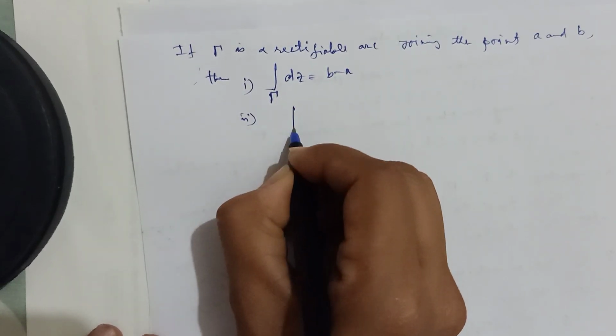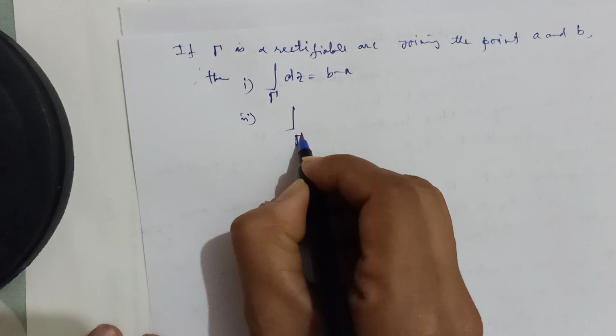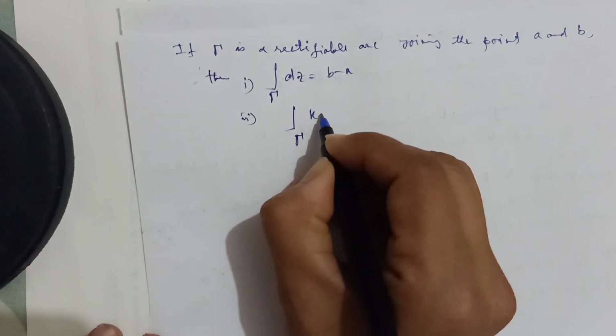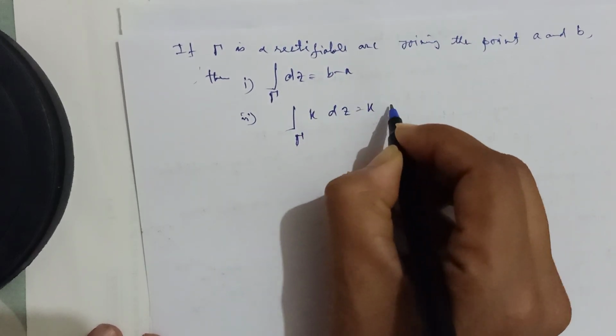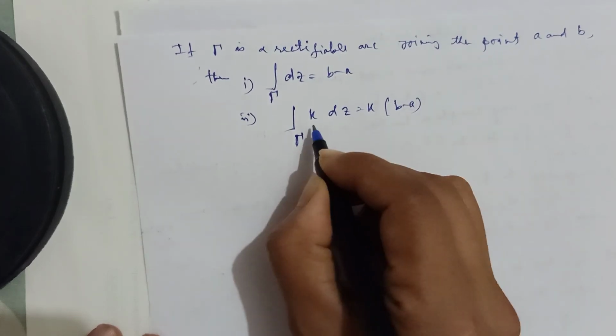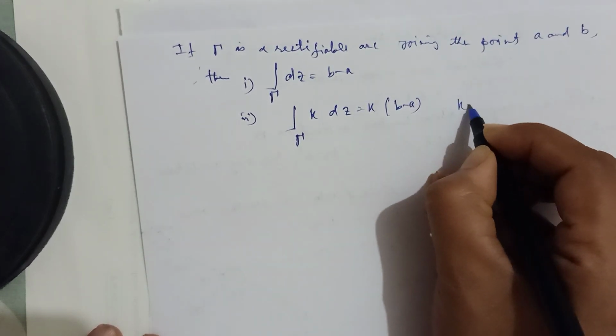Second thing is the integration over gamma of k dz equals to k times b minus a. Here k is some constant.